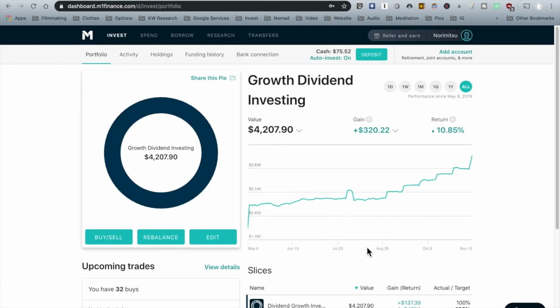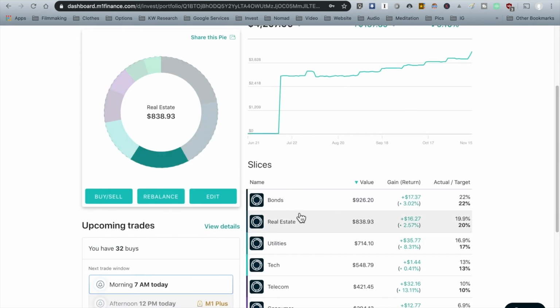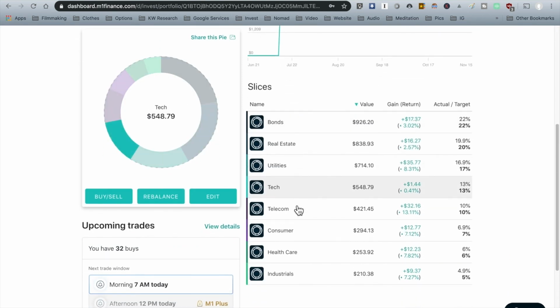Now, going back to my portfolio and going into the different slices of my portfolio, you could see that I made all these smaller pies into my main portfolio, right? And this is just all to diversify my portfolio, right?